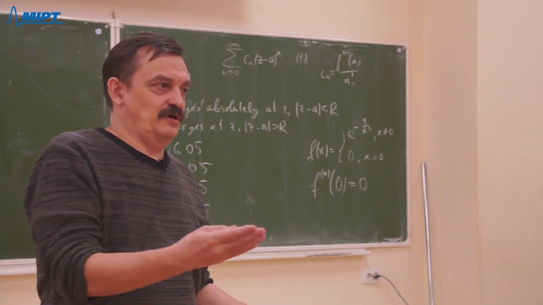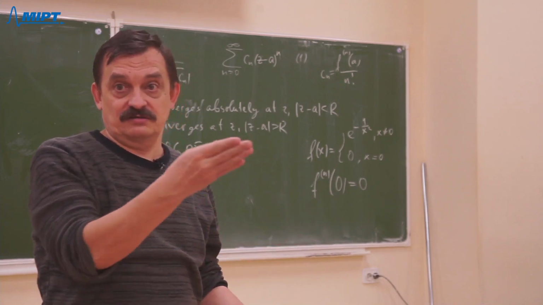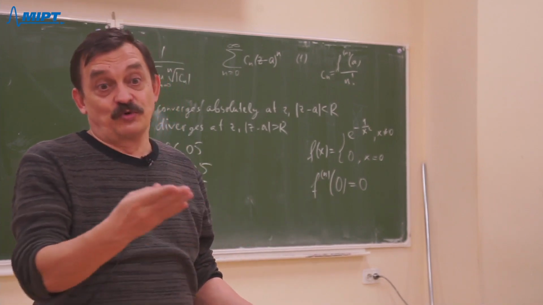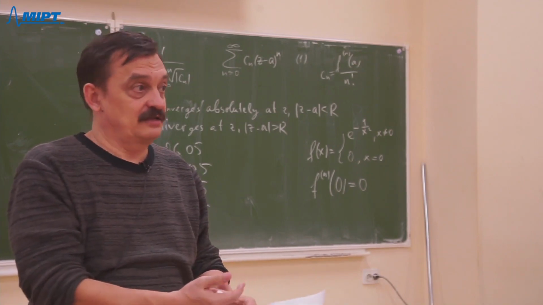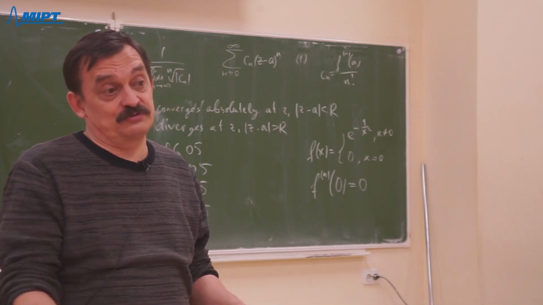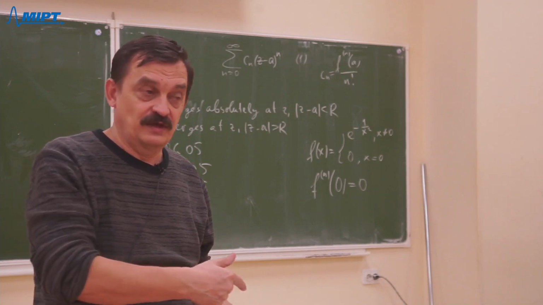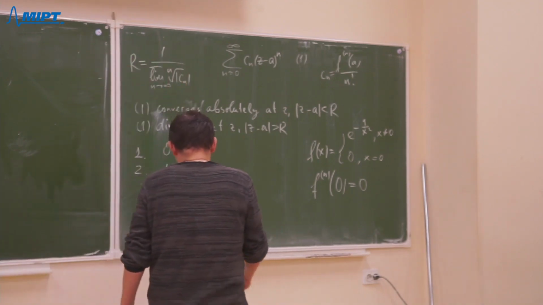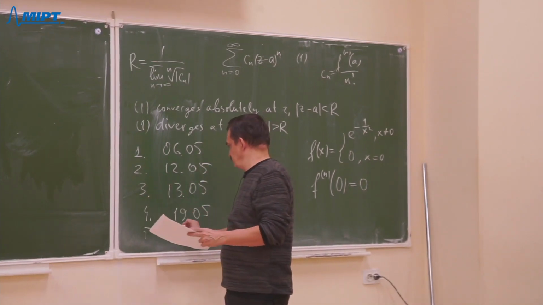Good if you are able to refer to the sufficient condition and then prove the expansions of exponent, sine, and cosine. And of course, if you are able to refer to Taylor with integral form of remainder. It was also the 19th of May.